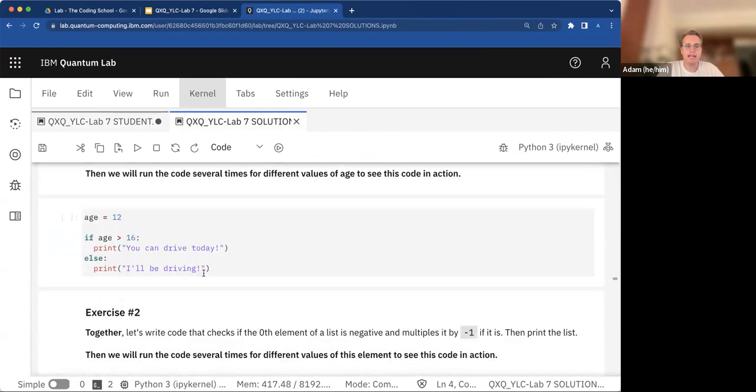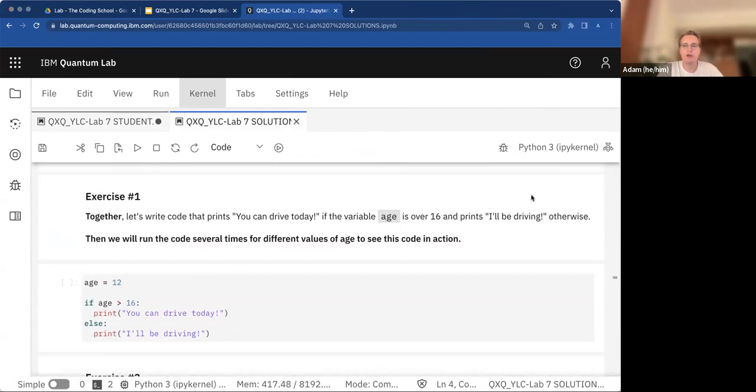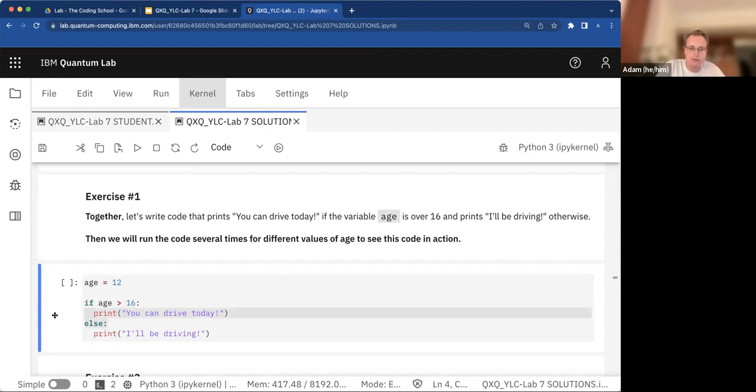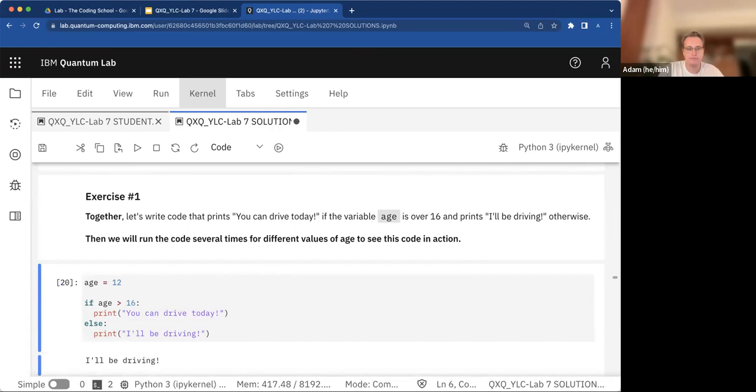We want to write code that prints "you can drive today" if the variable age is over 16 and prints "I'll be driving" otherwise. Age is the variable and we can compare it to the value 16. So we're saying if age, the value of that variable, is greater than 16, we print "you can drive today." Else, otherwise, we print "I'll be driving."